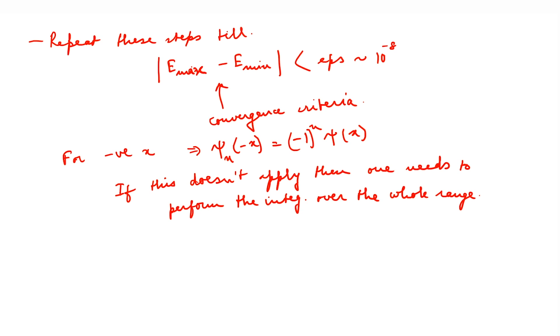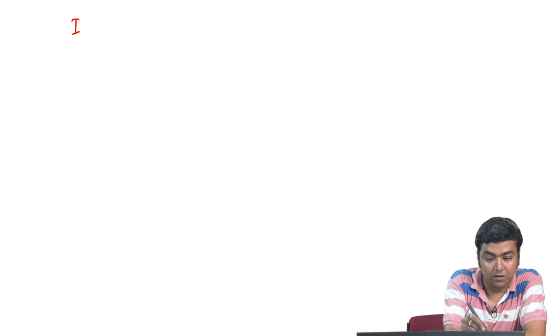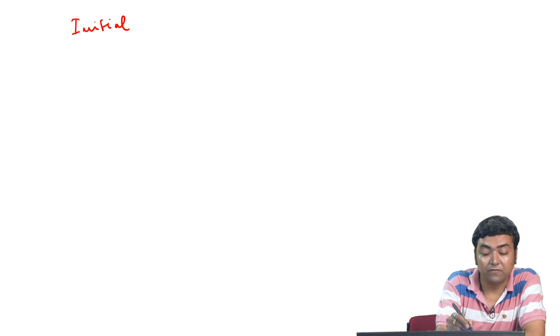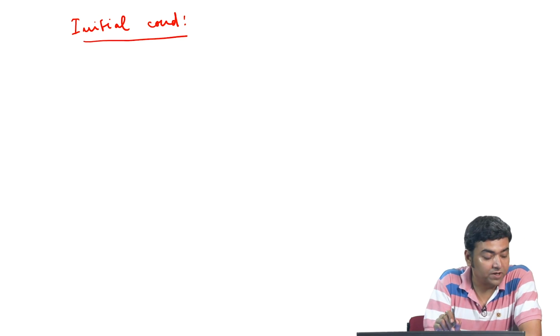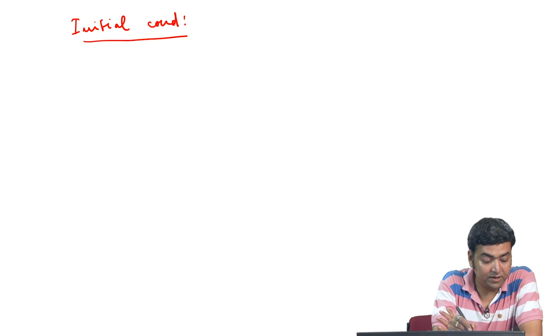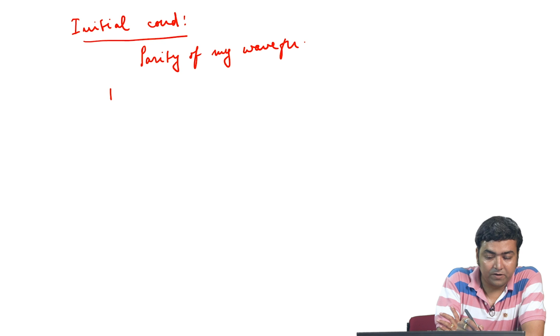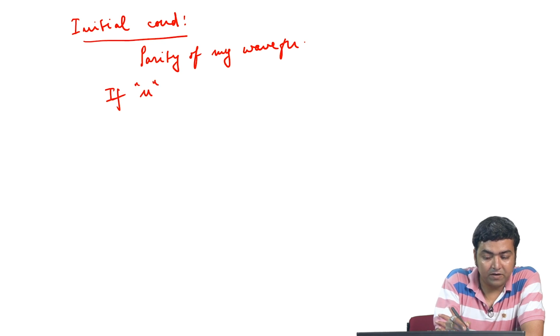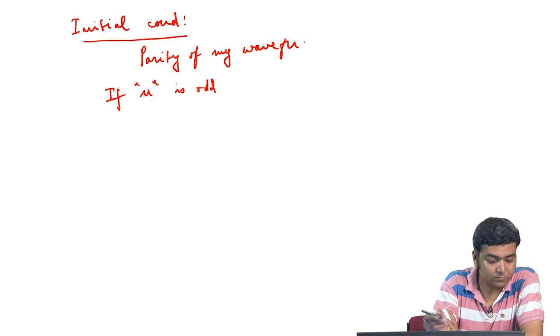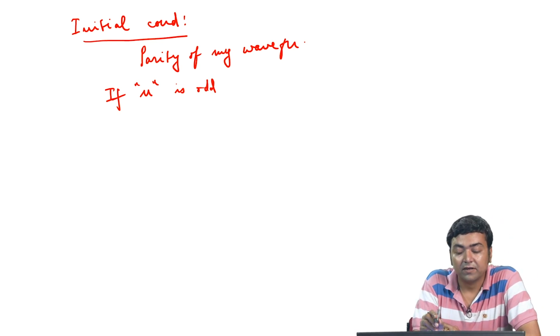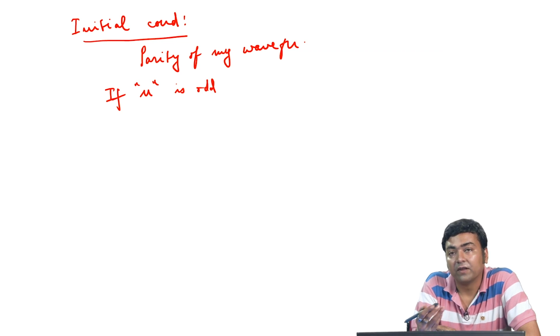We need to know what the initial conditions are. To decide the initial conditions, we will use the parity of my wave function. If n is odd, it has to be antisymmetric, and for the function to be antisymmetric it has to go through 0 at the origin.